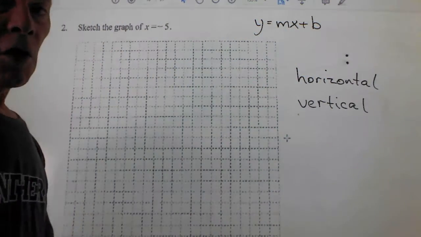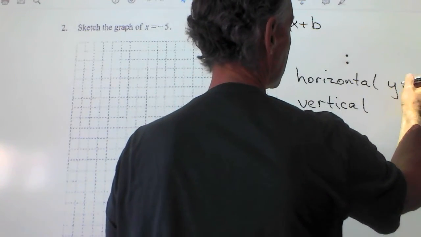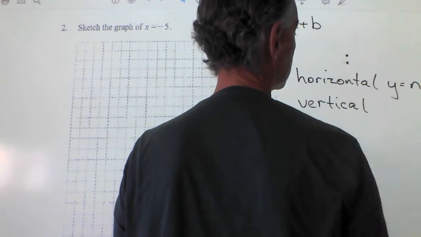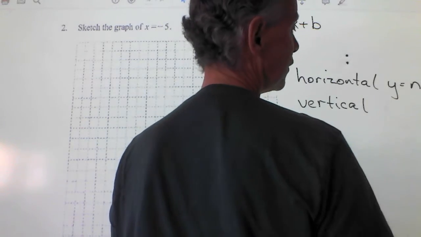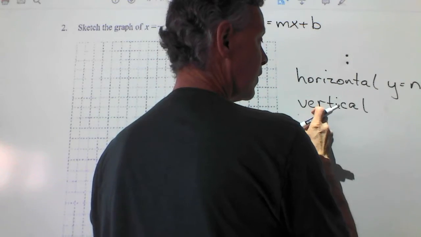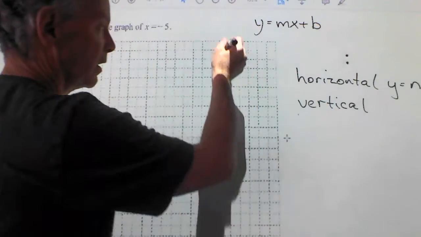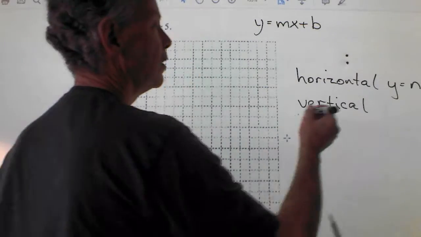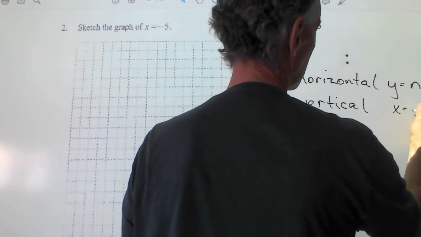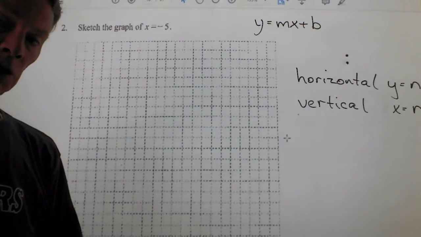The equation of a horizontal line will always be y equals n, where n is simply a number. The equation for a vertical line, that is a line that's straight up and down, will be x equals n, where again, n is any number.